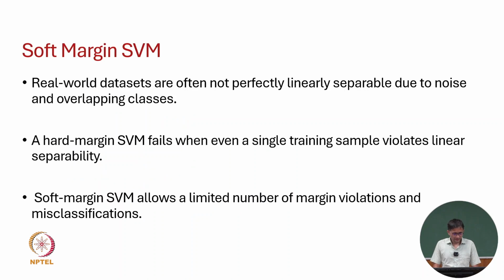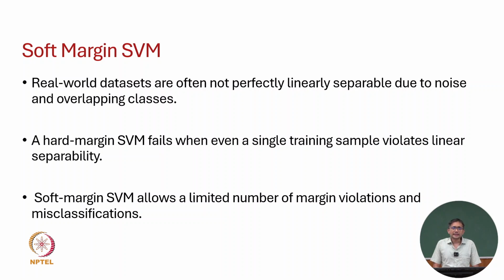Now, with this background, let us move ahead to something called soft margin SVM. Previously, we assumed that our data is nicely linearly separable. However, real world data sets are often not perfectly linearly separable due to noise and overlapping classes.